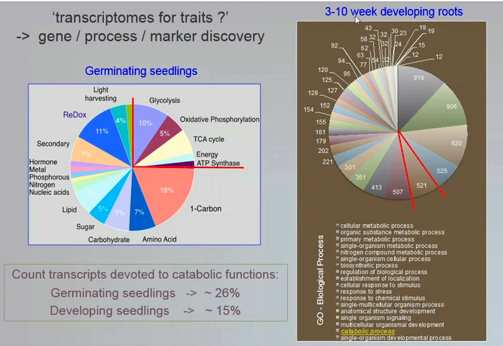Now, if we get into maybe developing roots, and here's a series of roots that are developing between 3 and 10 weeks, we can see that the fraction devoted to catabolic processes is reduced by about 10%. So these plants are now in phototrophic growth and have to devote less to catabolic processes.